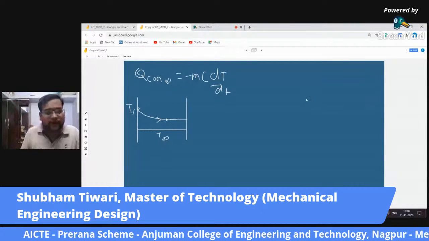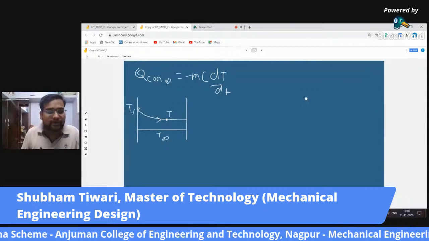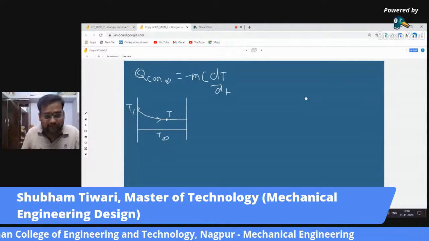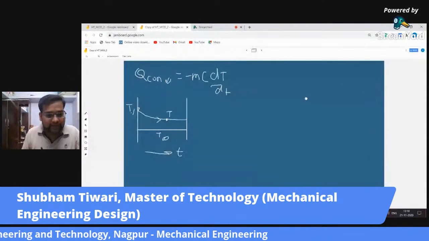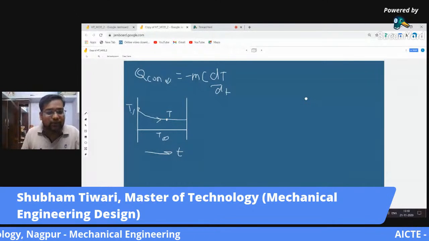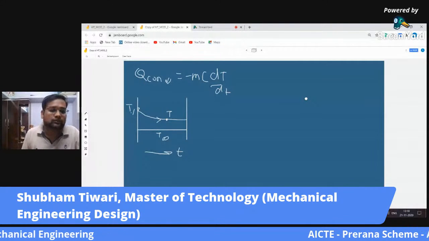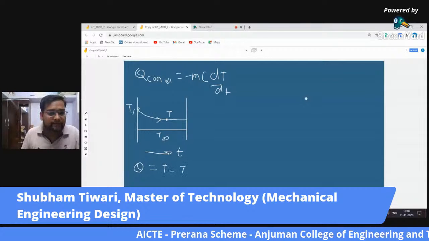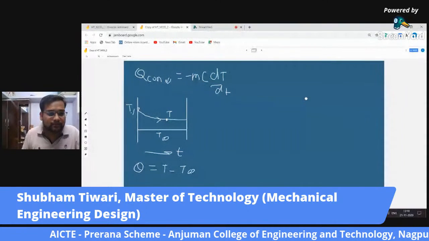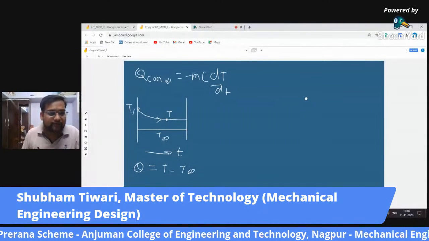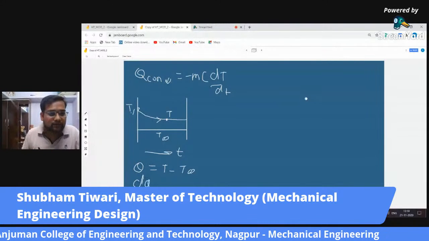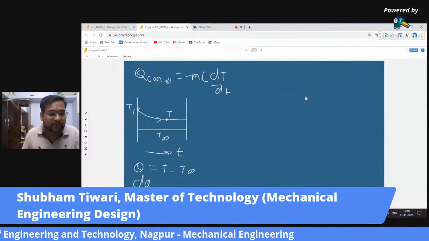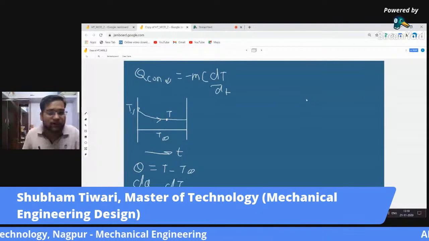So at any instant, let t be the time, and you can see that the temperature is a function of this time. So let's now say that theta is equal to T minus T infinity, and we can differentiate it: d theta by dt equals dT by dt.